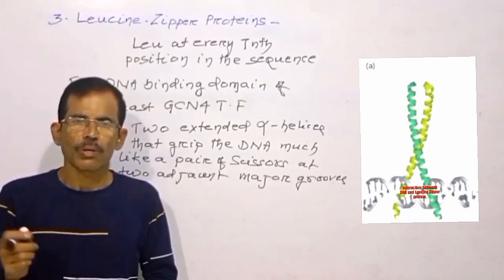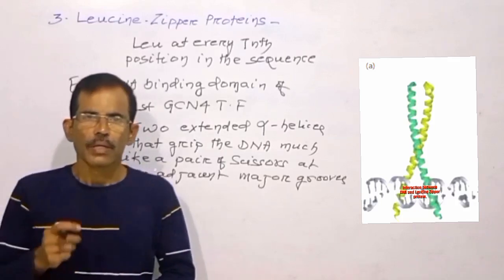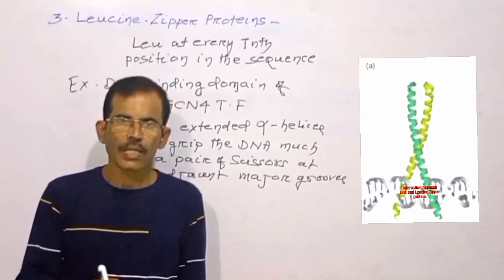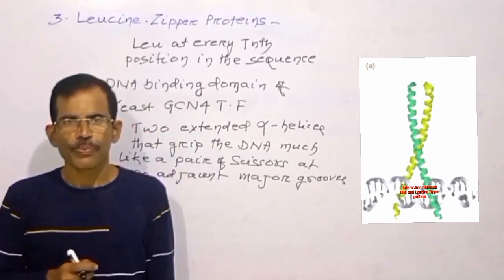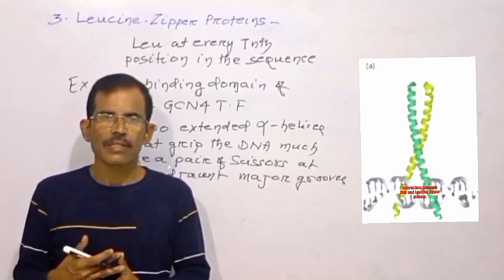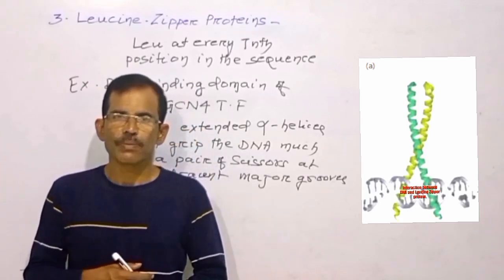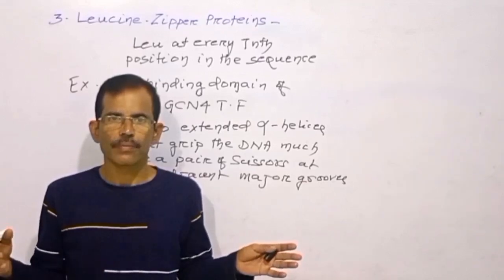The portions of the alpha helices contacting DNA include basic amino acids that interact with phosphates in the DNA backbone. It also has additional residues that interact with specific bases within the major grooves of DNA.